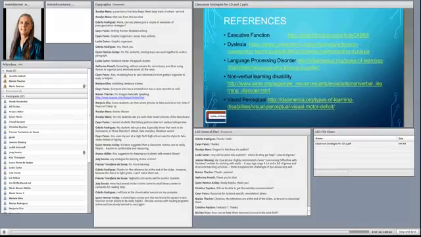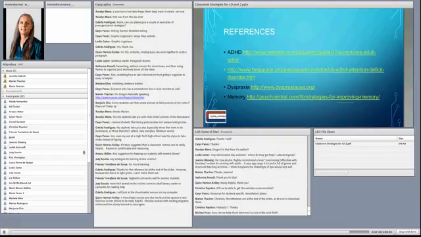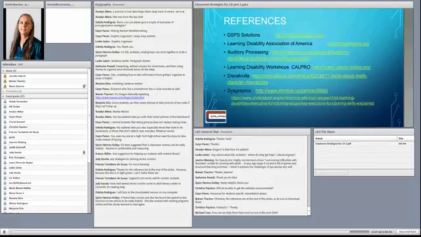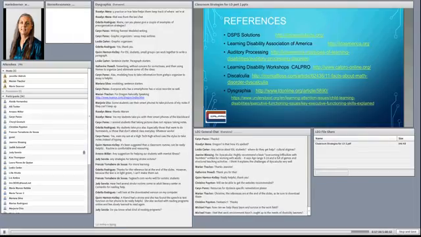I put up here, we have about 1 minute left, I think. So you'll see at the end, I tried to label the references with the parts of the workshop, so I put them together. There's one reference for auditory processing.